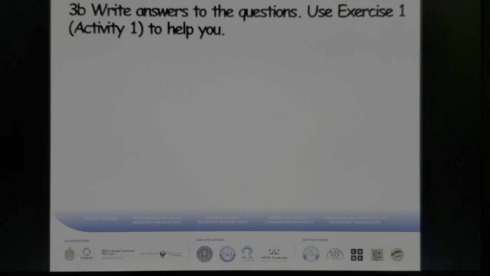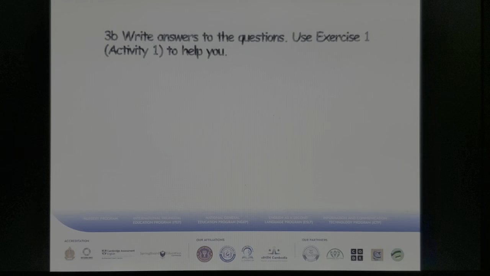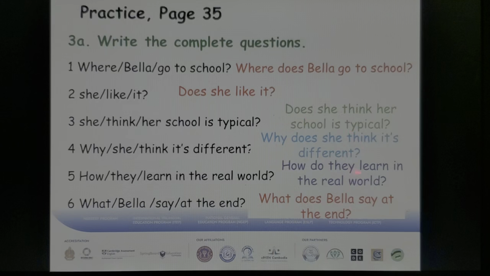Okay, let's move to the next page. Now for activity 3B, write answers to the questions. Use activity 1 to help you. It means that is the question, so you must answer the question here, 1 until number 6.